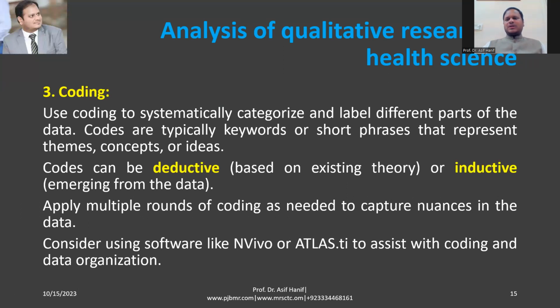Then code the data. Use coding to systematically categorize and label different parts of the data. Codes are typically keywords or short phrases that represent themes, concepts, or ideas. For example, you want to know about the perception of people when they're diagnosed with HCV.